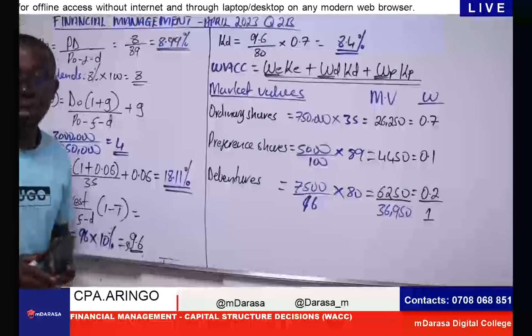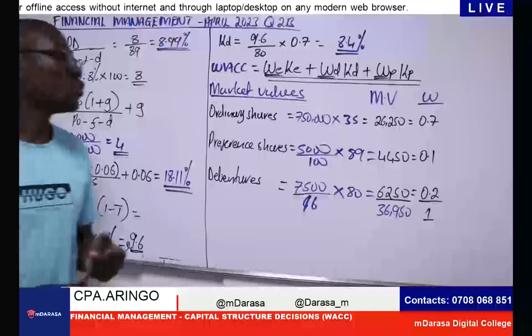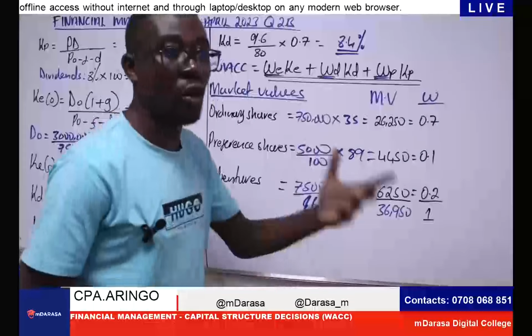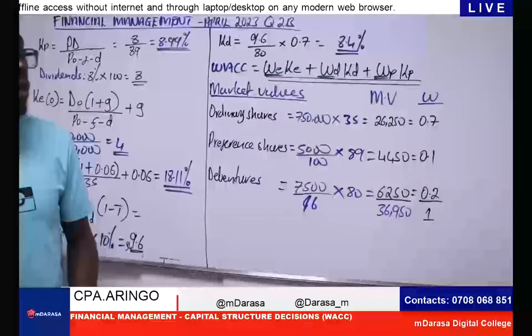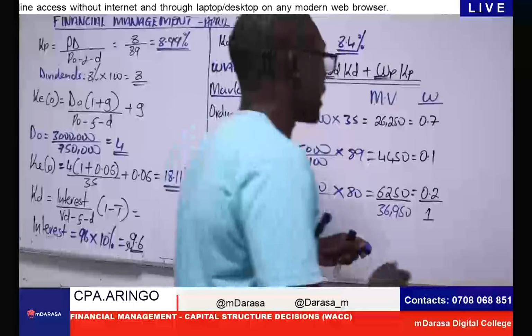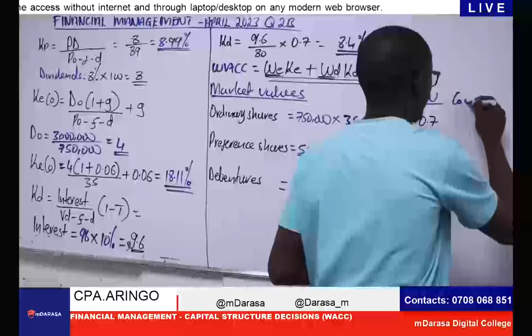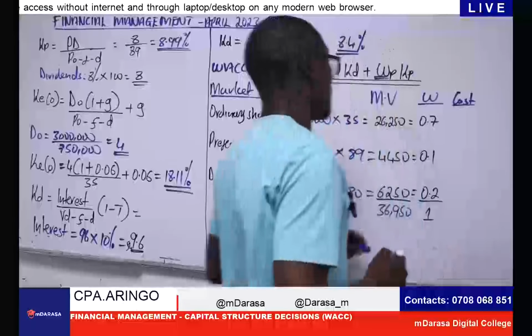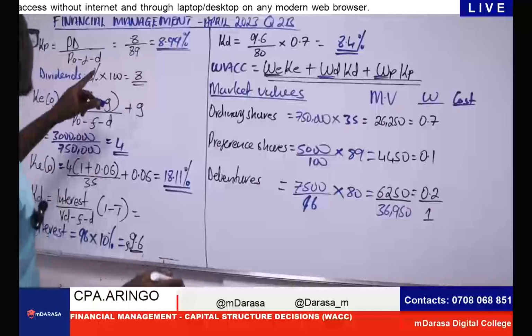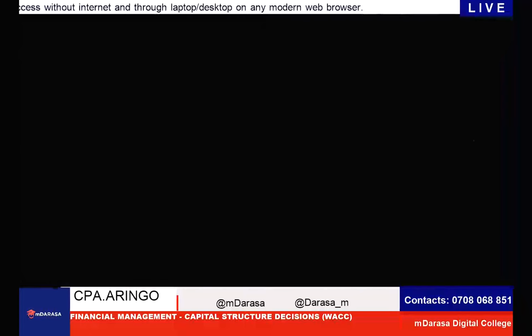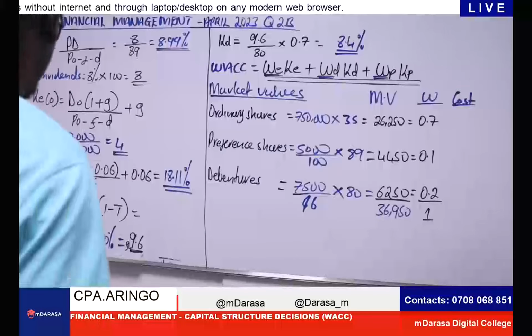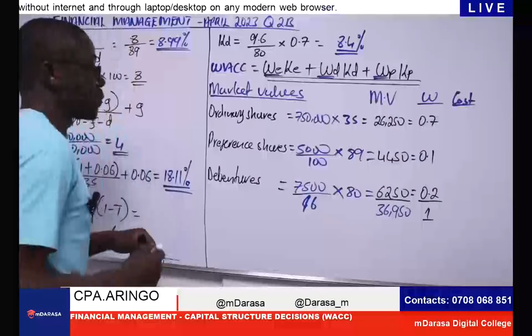So once we have our weights, we want to achieve the component of WACC. This will be easy because I have our costs. The component cost for Ke, not cost of debt, but cost of equity, that is ordinary shares, we had a value of 18.11.